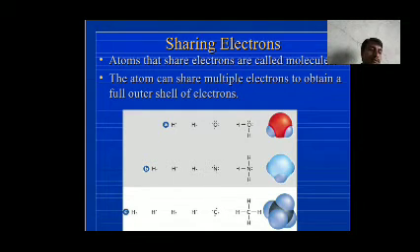Carbon has 4 unpaired electrons in its valence shell. Those 4 unpaired electrons are shared with 4 hydrogen atoms to form a stable methane, formula CH4.